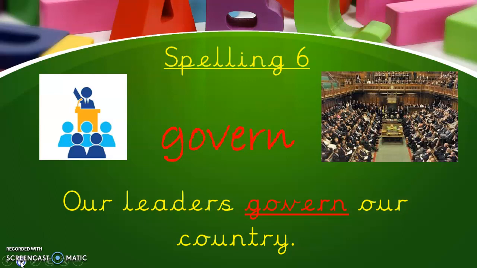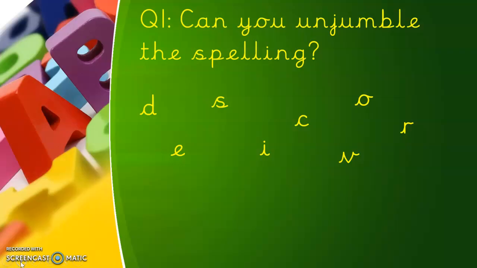Okay, quiz time now. Let's see if you can unjumble this spelling. Which of our 6 words is this spelling? I'll give you a clue. It starts with D. Can you guess it? Which of our words started with D?